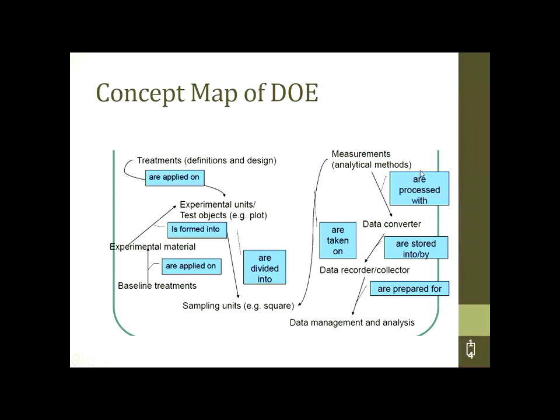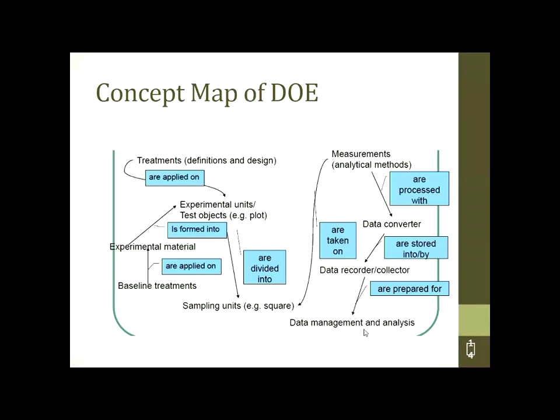Sometimes we might be recording into a lab book, sometimes using some sort of electronic recording device, sometimes it might be recorded automatically for us. We need to think about where we store that information. And then finally, at some point, we need to think about how we prepare and manage the data that we've collected ready for being analysed.